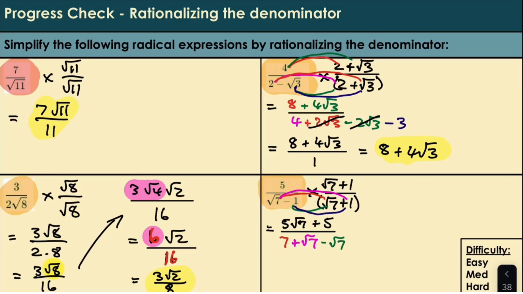Negative 1 multiplied by positive 1 is negative 1. 5 root 7 plus 5. And on the bottom, the roots cancel. We have 7 minus 1, which is 6. And there is our final answer highlighted in yellow. We simply follow all those steps that we've been practicing, and that's exactly how we rationalize the denominator.